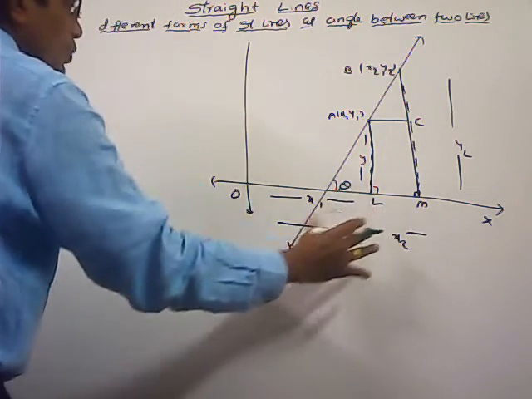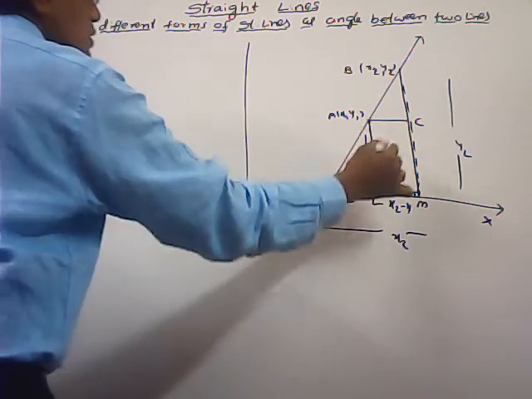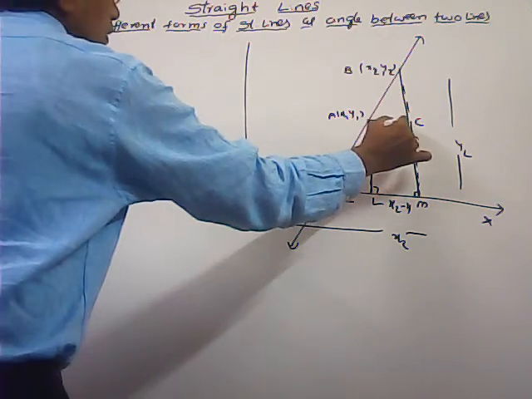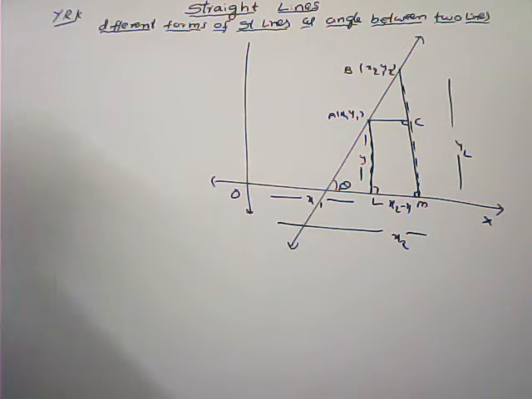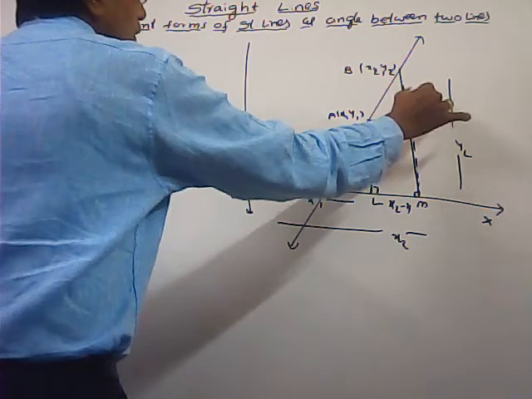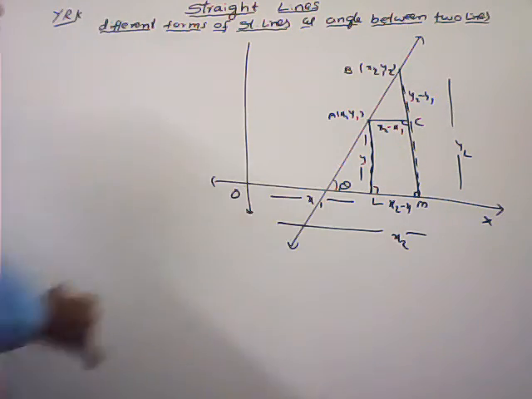How to get BC? Total length y2 minus this length y1. Here also opposite sides are equal, so this length is x2 minus x1.